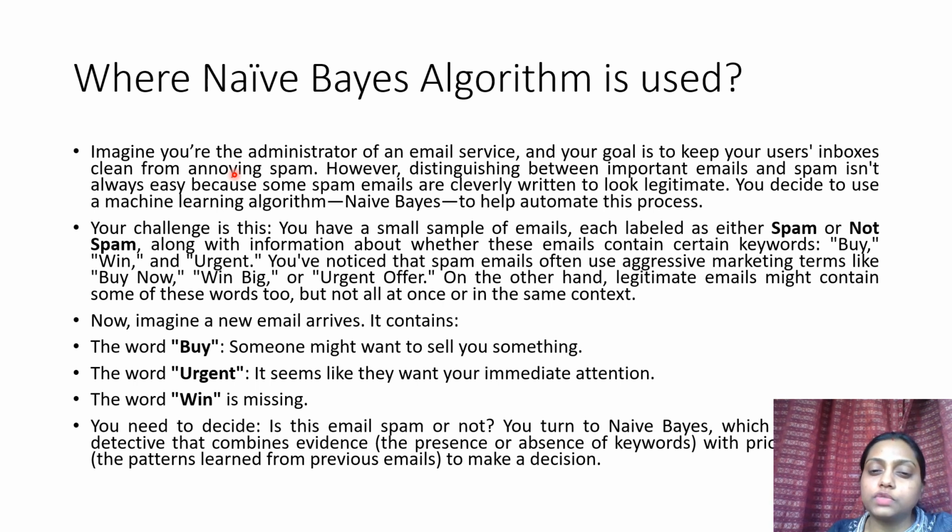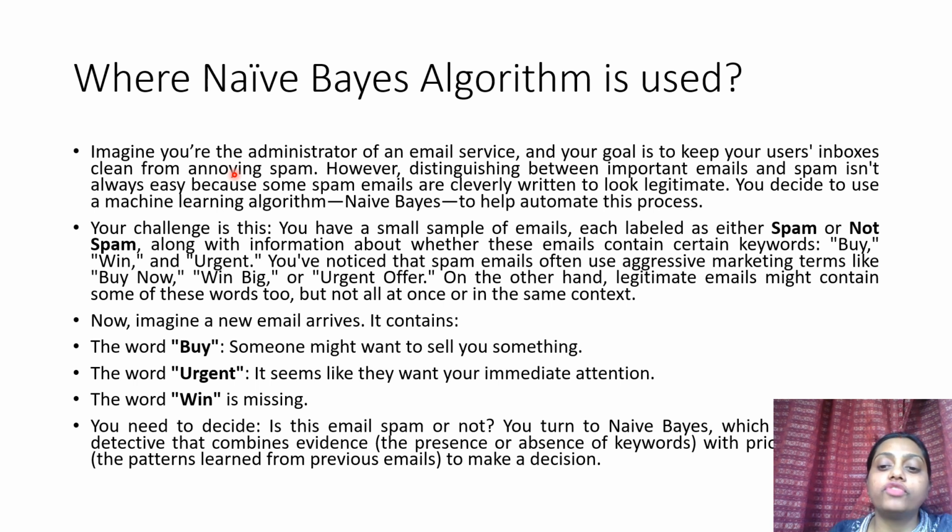You have noticed that spam emails often use aggressive marketing terms like win, buy now, big offer, urgent offer, and so on. On the other hand, legitimate emails might contain some of these words too, but in some other context. Now imagine a new email arrives that contains the word buy, the word urgent, and the word win.